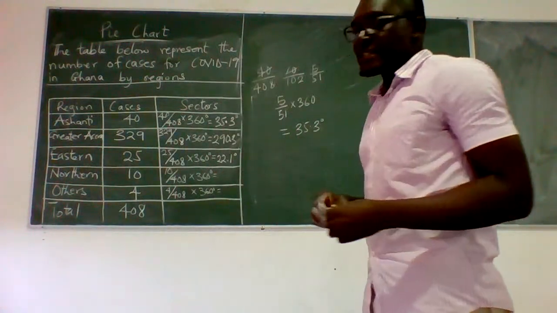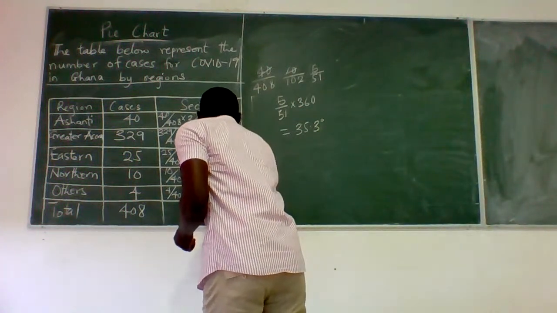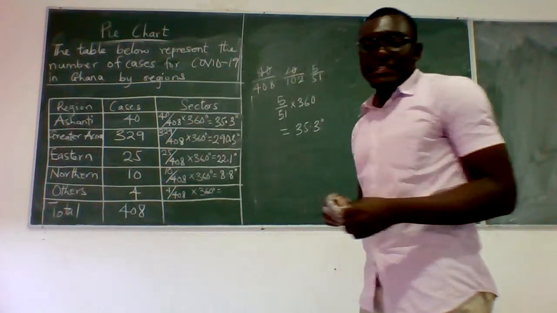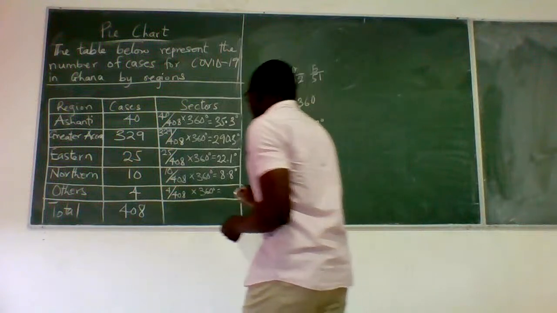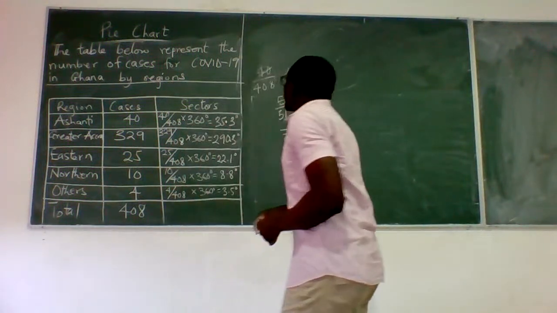You pick the next one, that should give you simply 8.8 degrees. And then finally, the last one should give you 3.5 degrees.